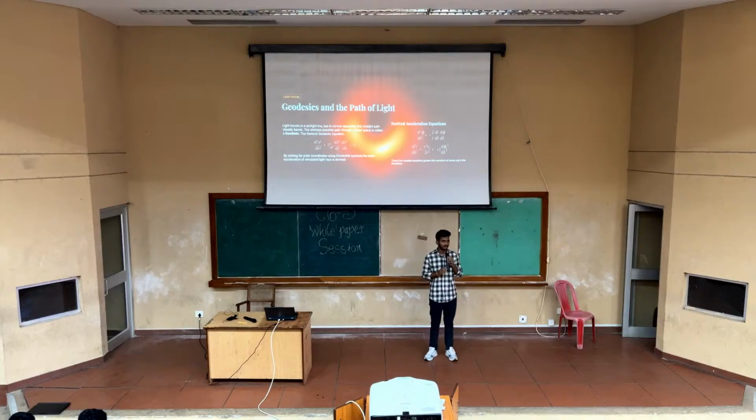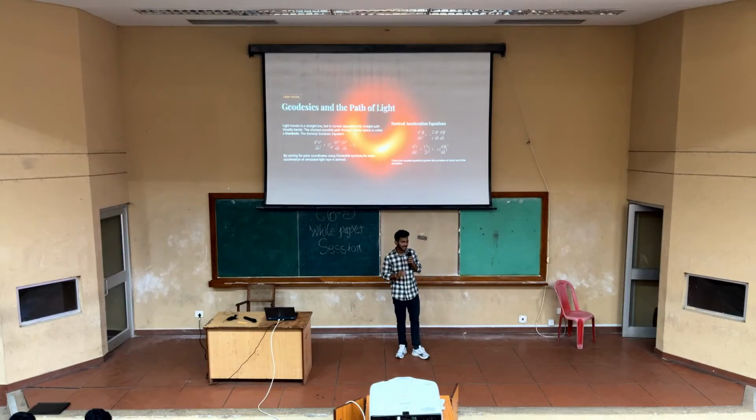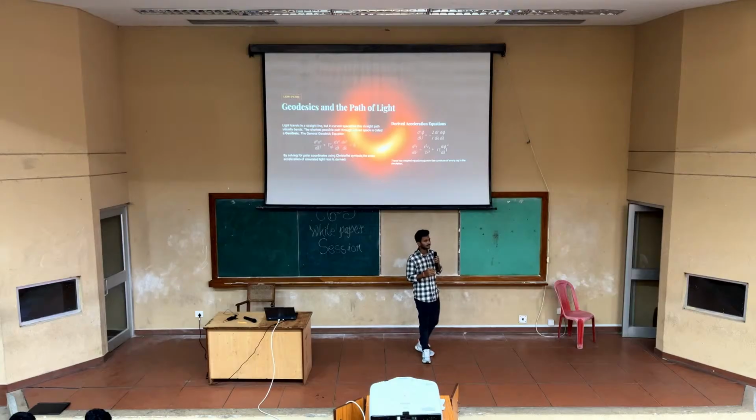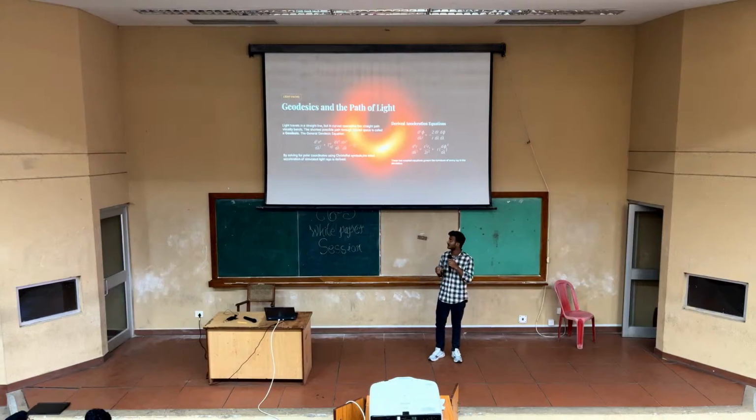Now, for our simulation, we are simplifying our work only around the light path. In a normal space-time, light travels in a straight line, but when the space-time is curved, light does not travel in a straight line. It follows a unique path that is called the geodesic path, and it is the shortest possible path between 2 points.